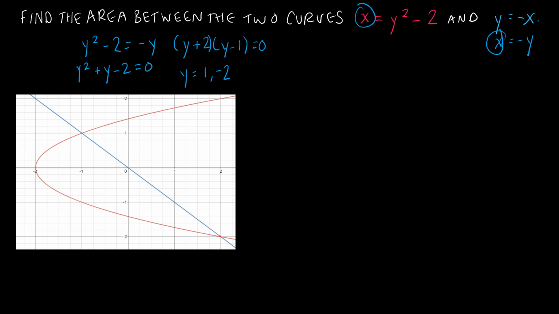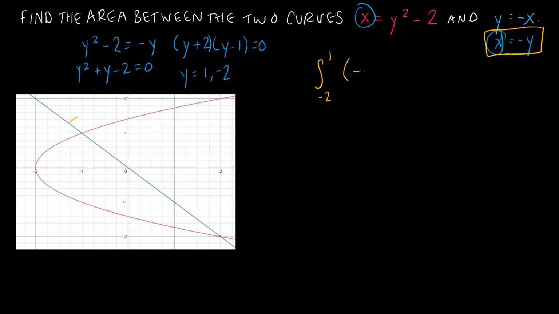Again, integrating with respect to y, so negative 2 to 1. And again, we said that the one on top, or to the right, is going to be our blue function, which is x equals negative y. This is the format I'm going to use because it's an x equals form.